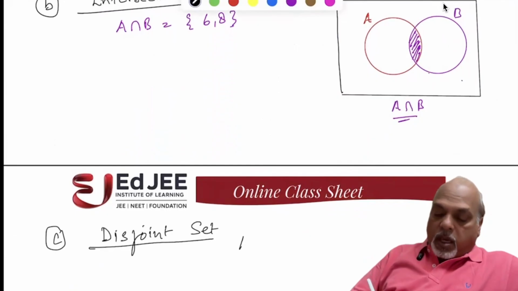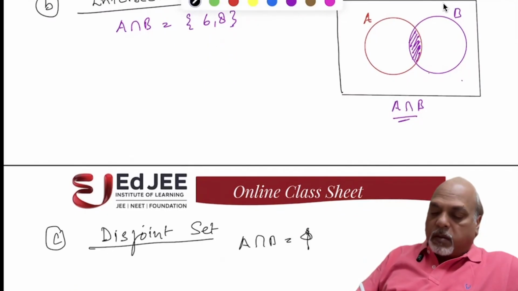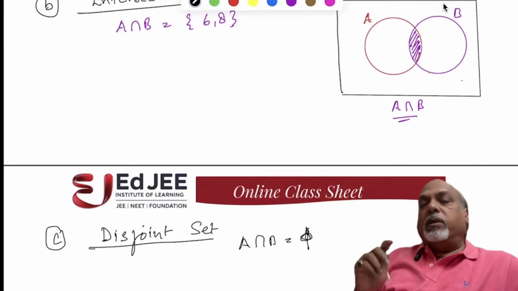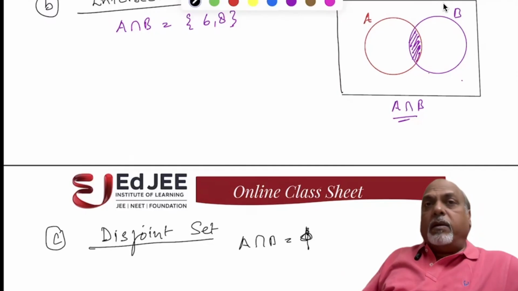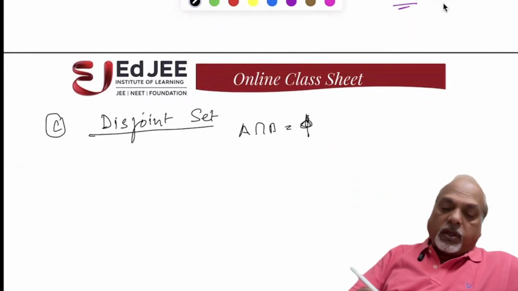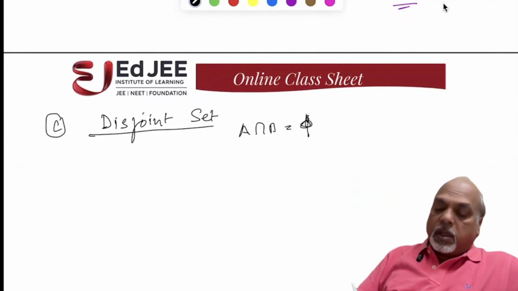If A intersection B is phi, meaning there are no elements which are common, then they are called disjoint sets. Pictorially, we can show them through a Venn diagram like this.